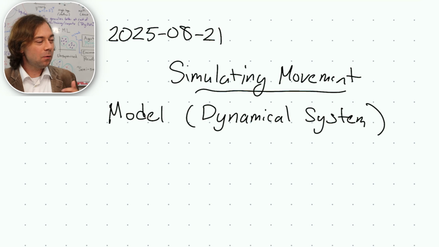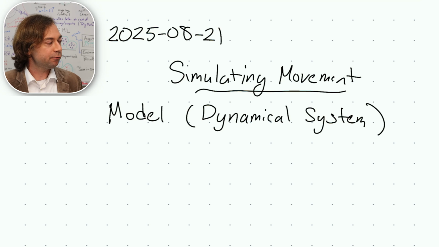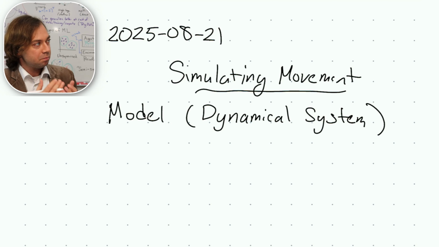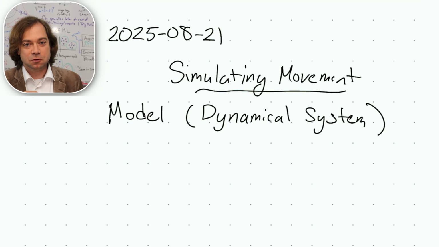What that means is we have some equation that defines how the system moves, given its current position and state and any control that you want to add.